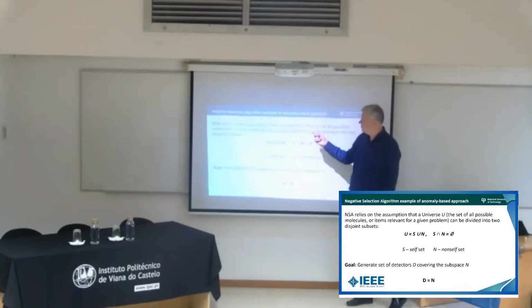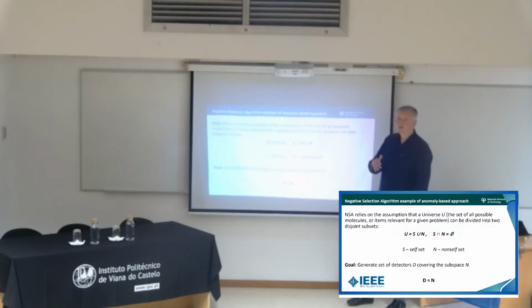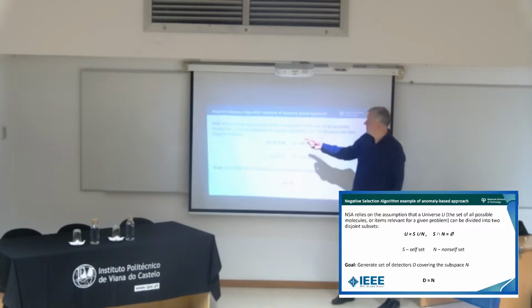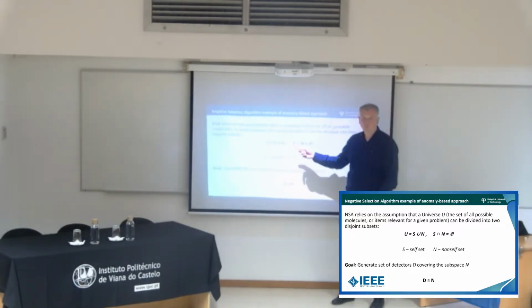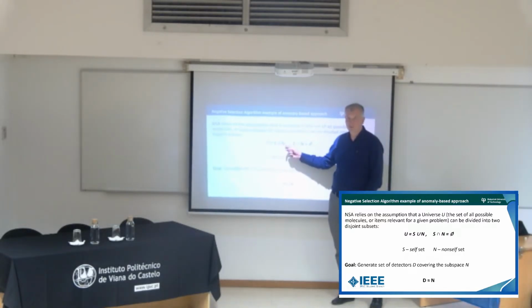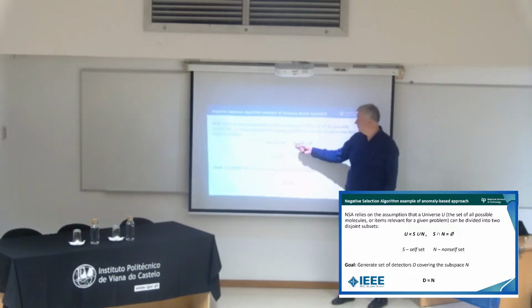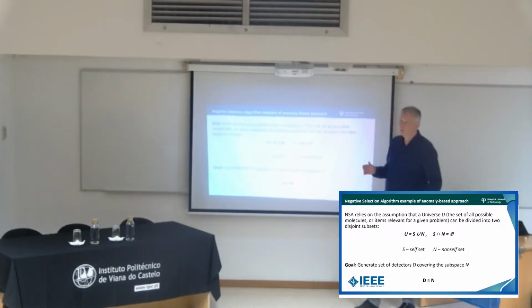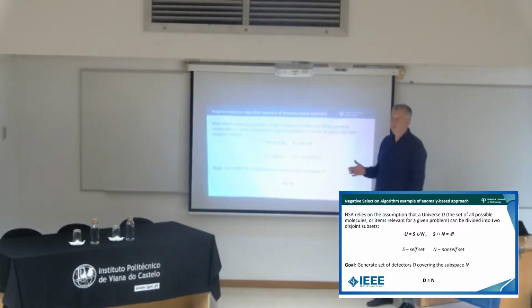When we have data and information about our own cells, our own normal network activities, then the universe can be divided into two parts, self and non-self. And the intersection of self and non-self is empty, because we have to classify it into two classes.